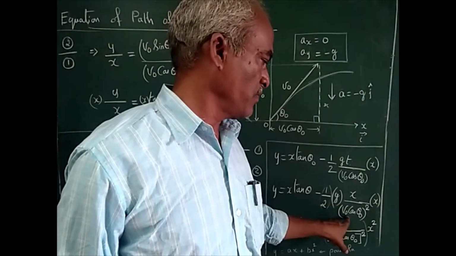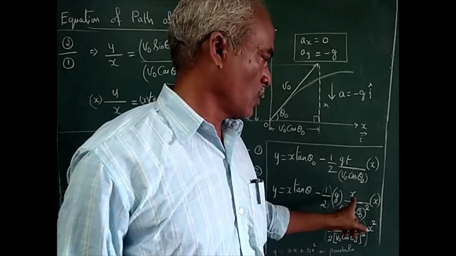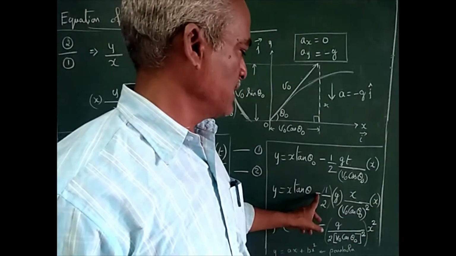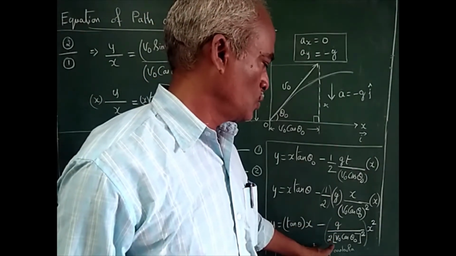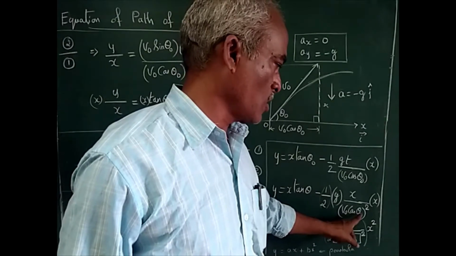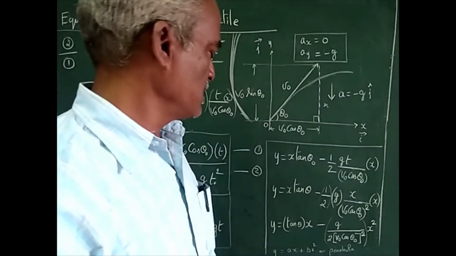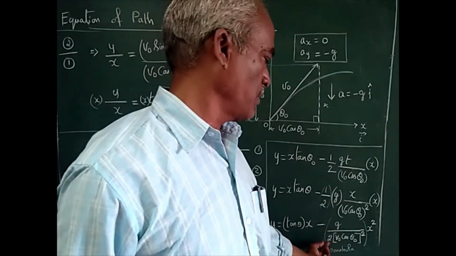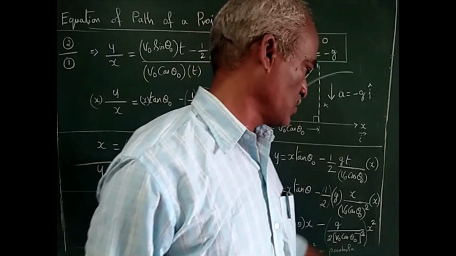Therefore this will become v naught cos theta naught the whole square into x. Now what will happen? This x into x is x square, minus half g, that is minus g divided by 2 into v naught cos theta naught the whole square into x square. So that means the final equation is y is equal to tan theta into x minus g divided by 2 into v naught cos theta naught the whole square into x square.